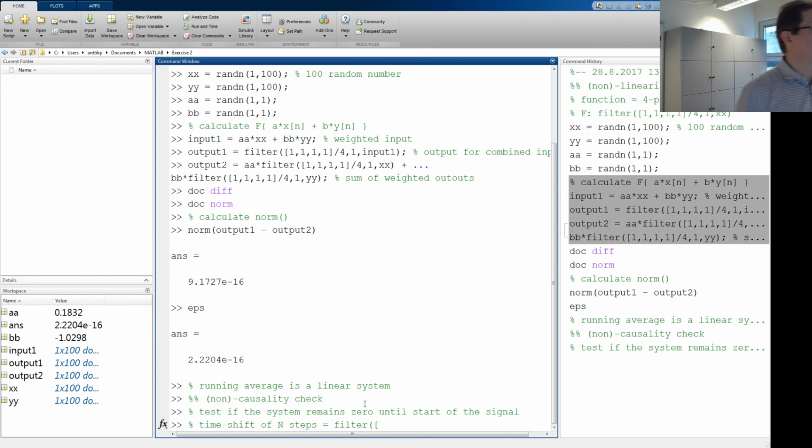We start with the filter. Time step of 0 steps would be just 1, but we actually put here as many zeros as we have these steps: 1 and n at the beginning, and then 1 here. Okay, this actually convolves the signal with that response function.